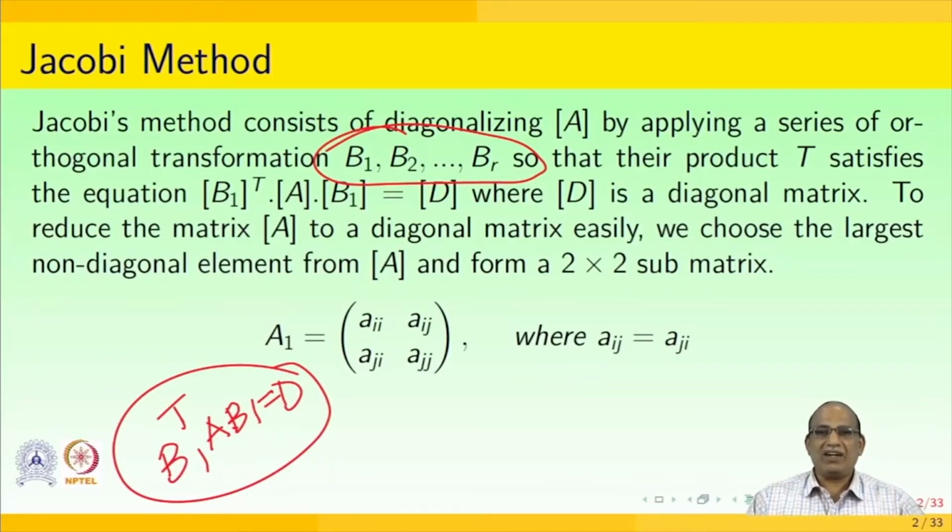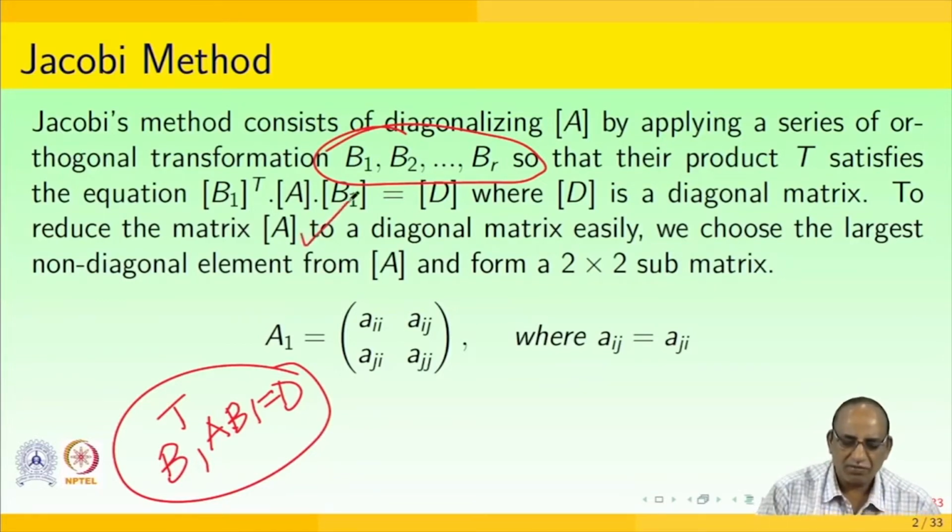To reduce the matrix A to a diagonal matrix easily, we choose the largest non-diagonal element from A and form a 2 by 2 submatrix.